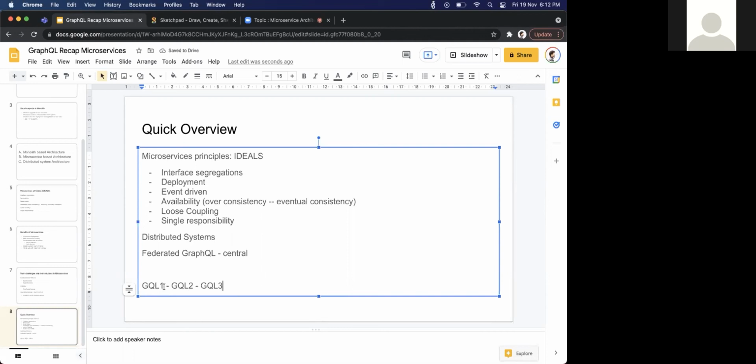You have a GraphQL at each microservice, and you can have a federated one, like a central government, FGQL, at a system level. The request coming to the system will be split into individual GQL1, GQL2, GQL3, and these GQLs internally will split them into respective module-level requests and then serve it to the customer.